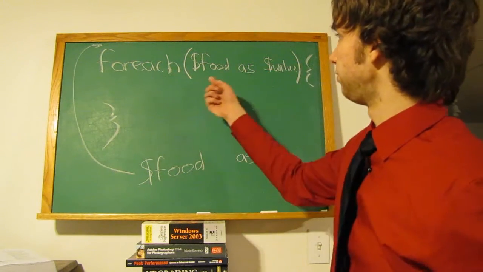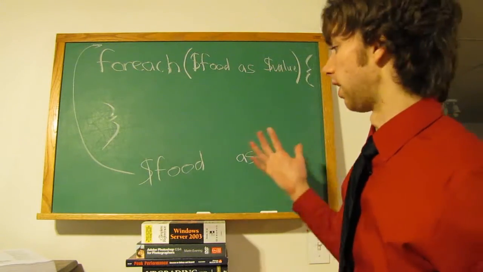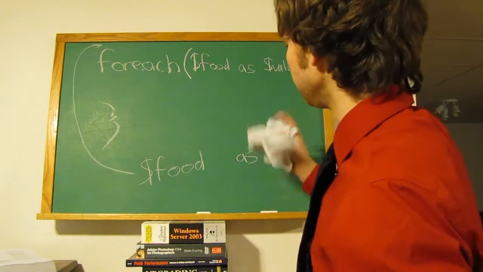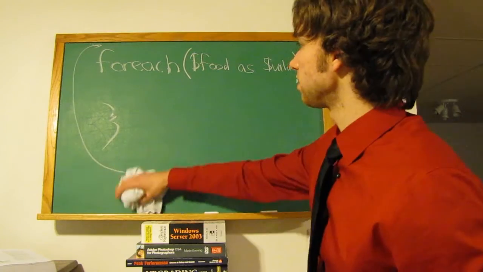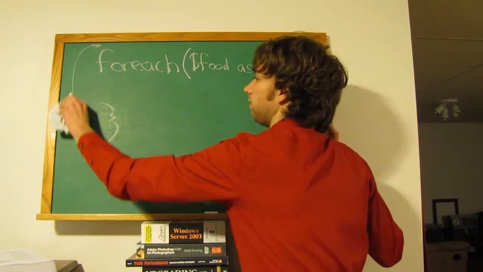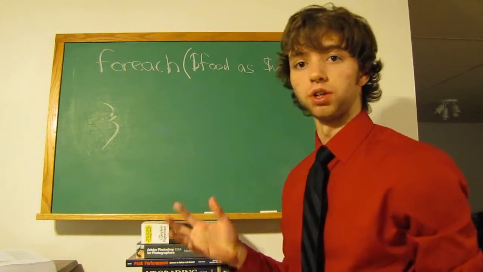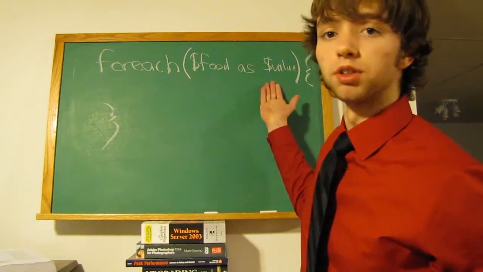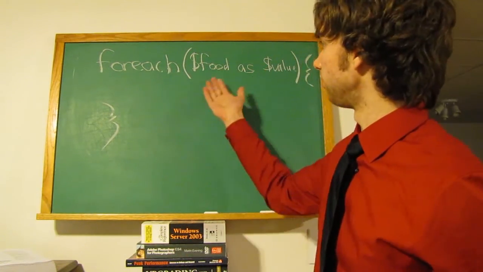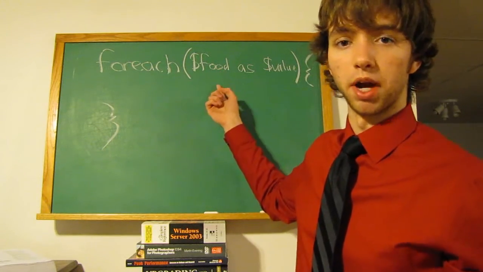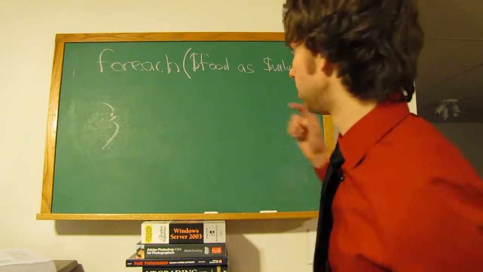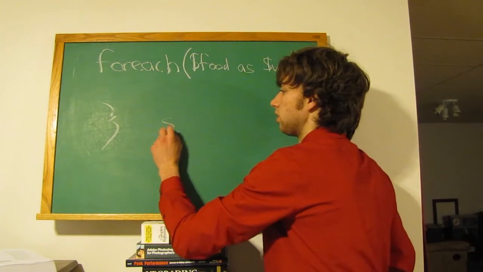So this is what we have, food as the variable value. All right, you probably are wondering, what is the variable value? Well, that is actually going to be a reference to the value of each of the key value pairs in food. So let's take a look at food.